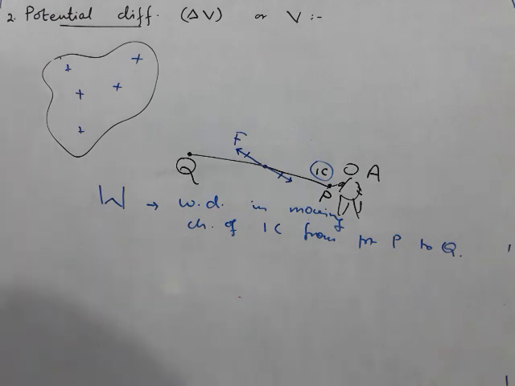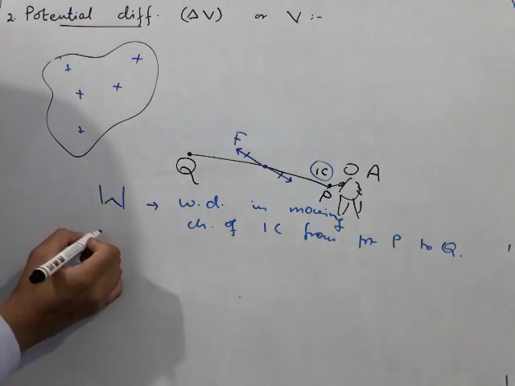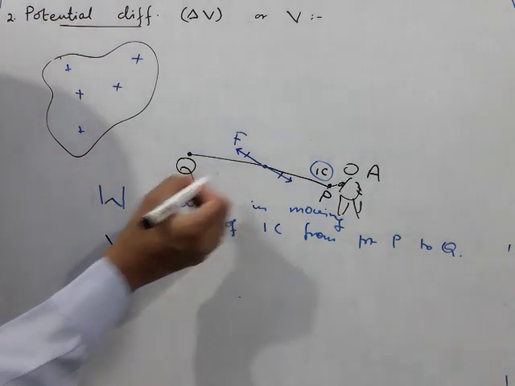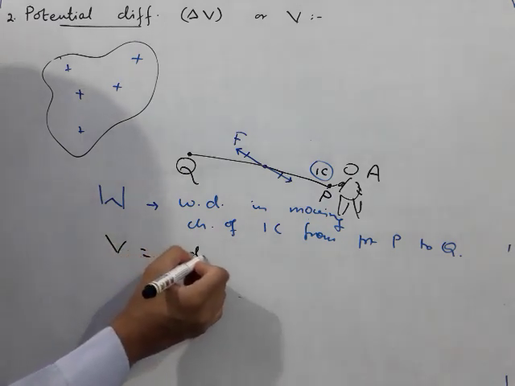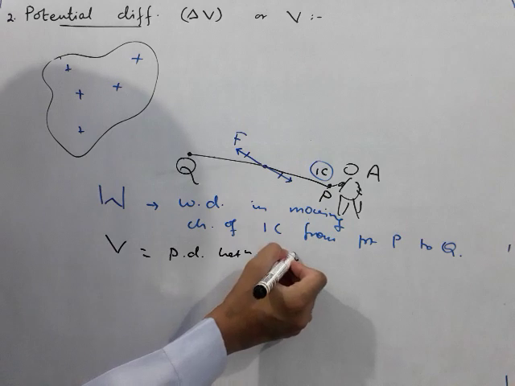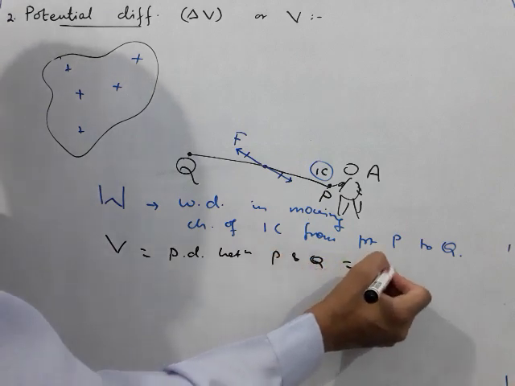He does some work W. Then the potential difference between the 2 points, V, is equal to potential difference between P and Q. It will be equal to W.